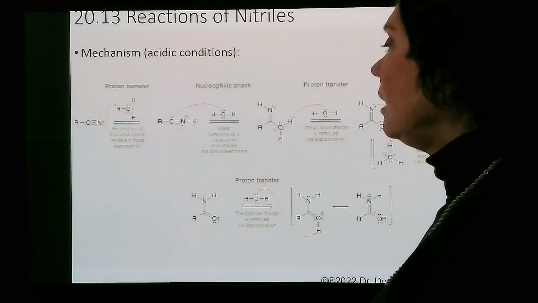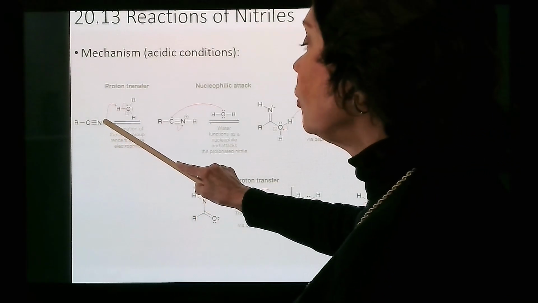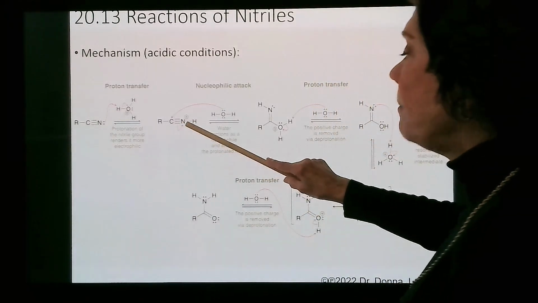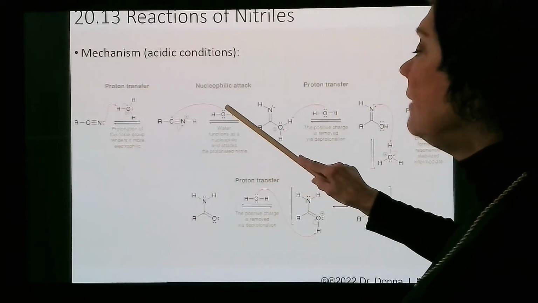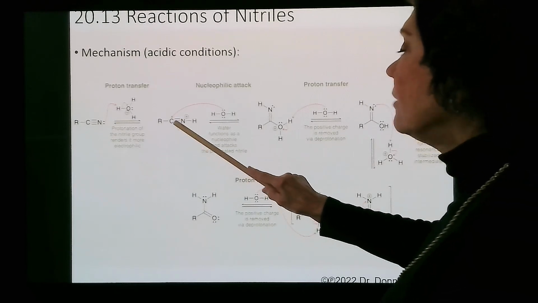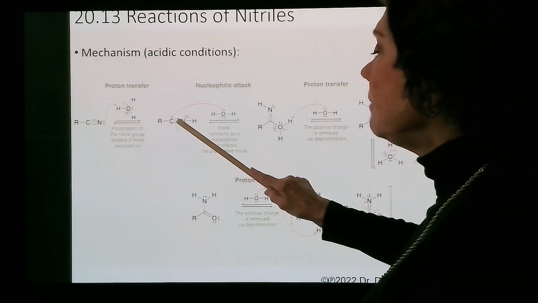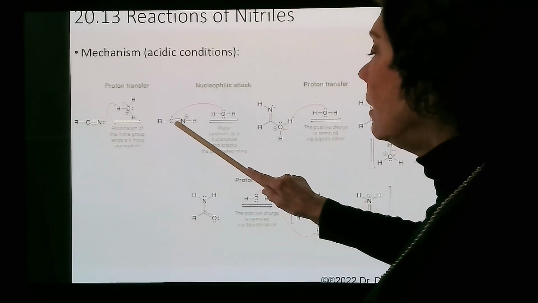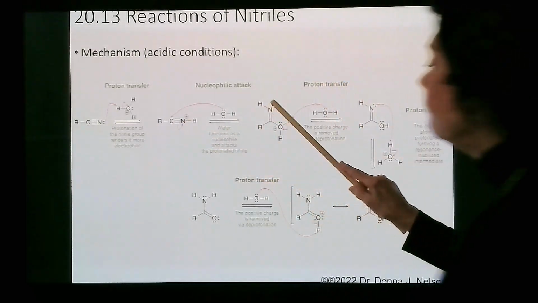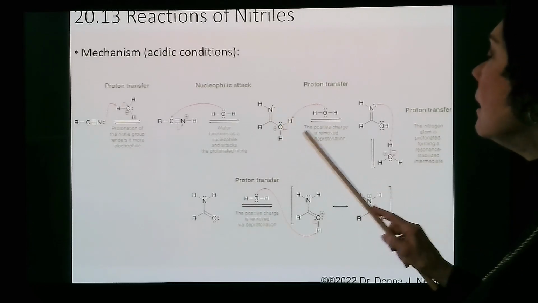So here's the mechanism for that. First, the nitrile is protonated on nitrogen. Nitrogen is now bearing a positive charge. Then a pair of electrons on oxygen comes in, does an attack at this carbon atom. A pair of electrons in one of the pi bonds moves out onto nitrogen, satisfying the positive charge on nitrogen.